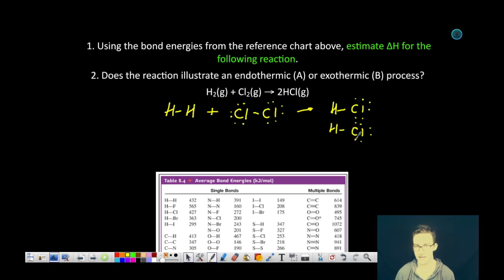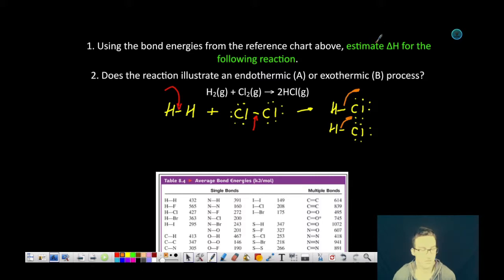Okay, now that said, we're thinking about in this problem how much energy is going to have to be put in to break these bonds and how much energy is going to be released when these bonds are formed.